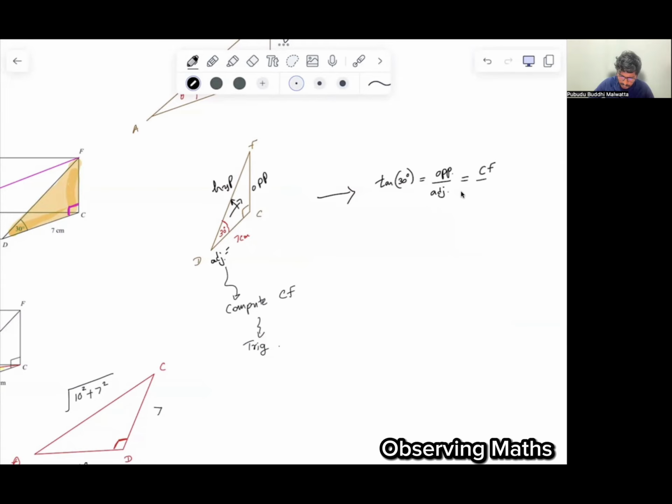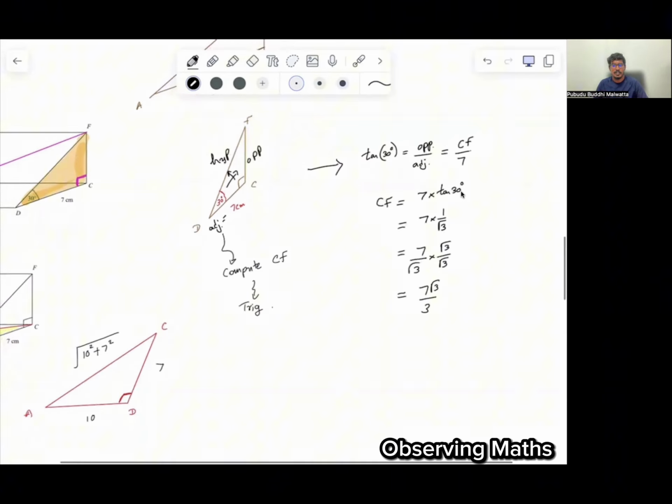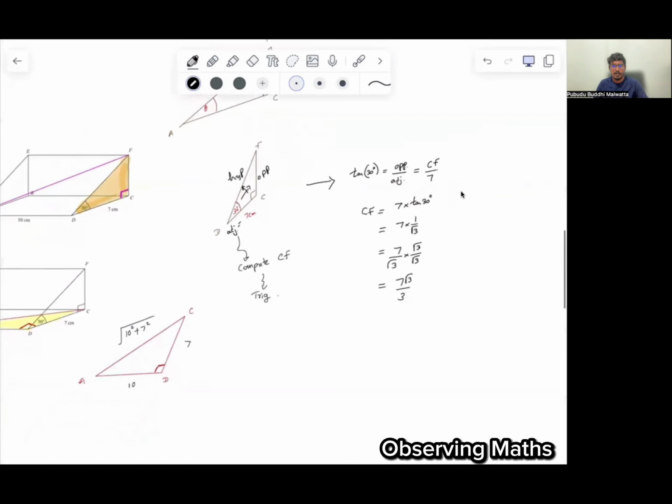CF over 7. Multiply both sides by 7. 7 times tan 30. Tan 30 is 1 over root 3. If I rationalize the denominator, I would get 7 root 3 over 3. So that's CF. And we found AC here.